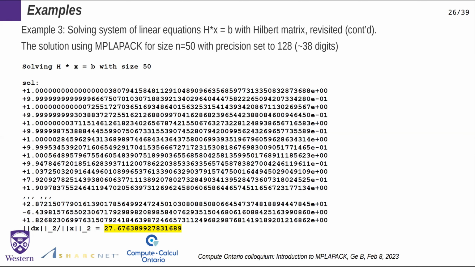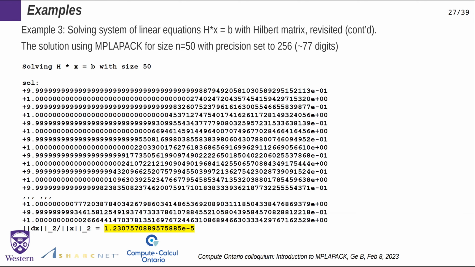And then we increase the precision to 128 bits. The relative error decreases, but not a lot. And then we increase it to 256, or roughly 77 decimal digits. This time, the relative error is small. Now we're okay with this.